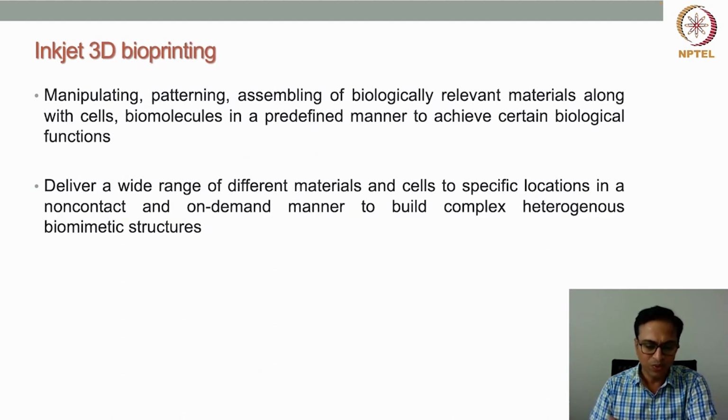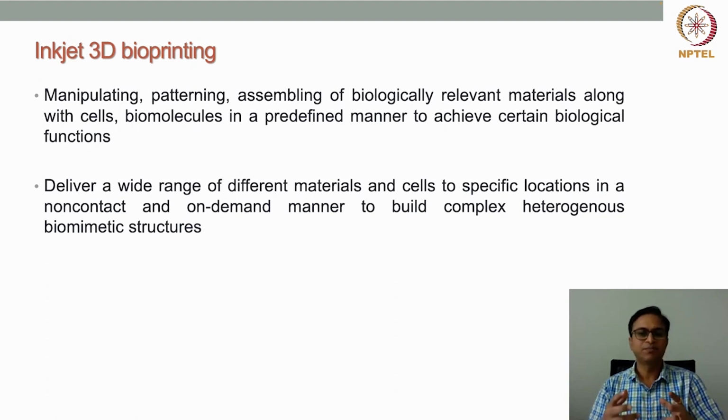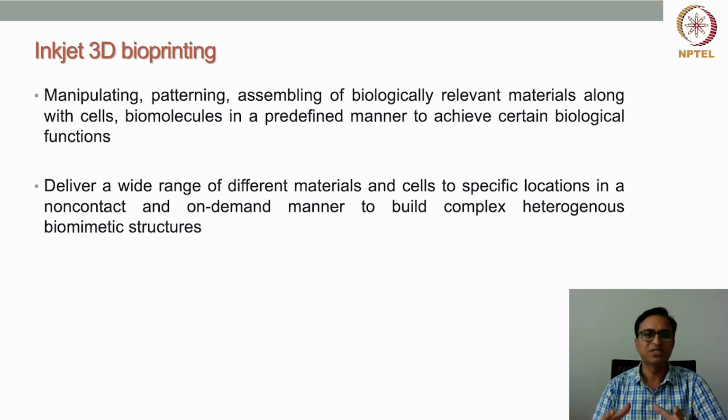Now, the initial success of inkjet printing led to the use of this technology for bioprinting or 3D bioprinting, where our intention is to print biologically relevant structures and functions, so that we can achieve certain biological functions by manipulating, patterning, or assembling biologically relevant materials with cells or without cells, and also with biomolecules, in a predefined and pre-designed manner to make up the 3D structures.